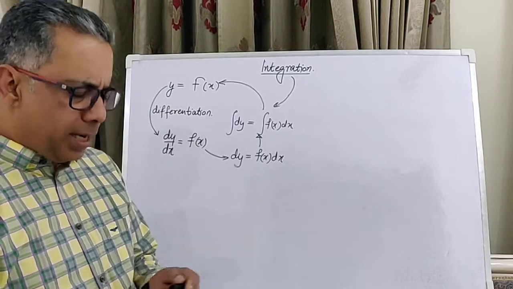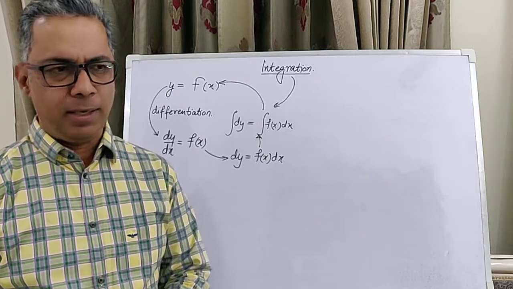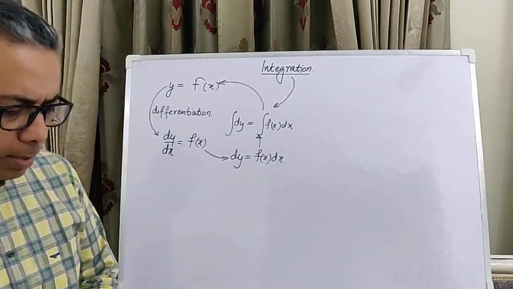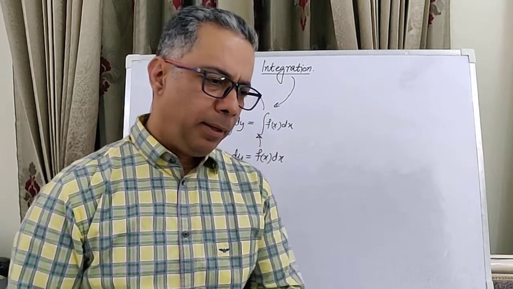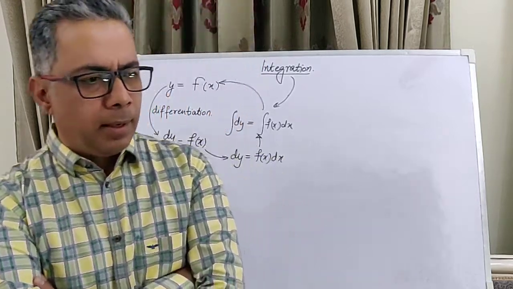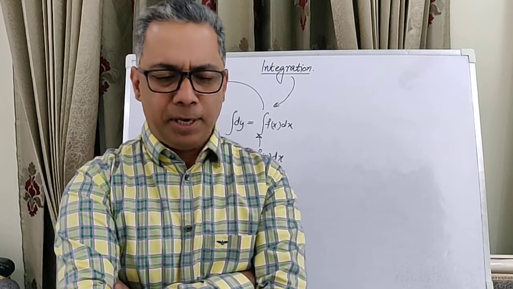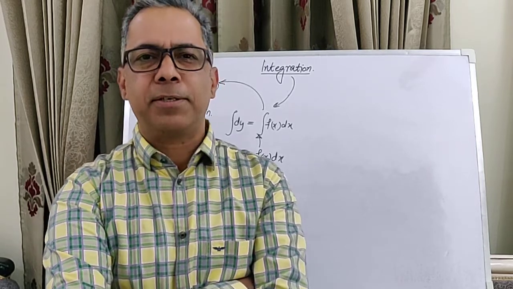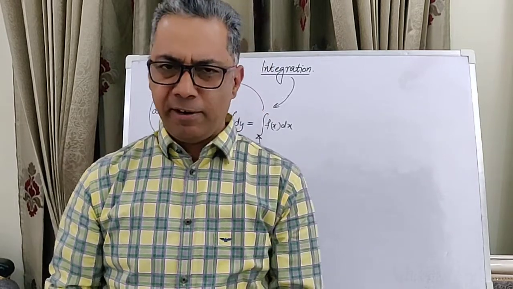Now that is one way of describing integration, but not the only way of describing it. Let me give you another way of looking at it. And to do that, let's imagine a cricket match to be going on, and let's say we have a very aggressive batsman.